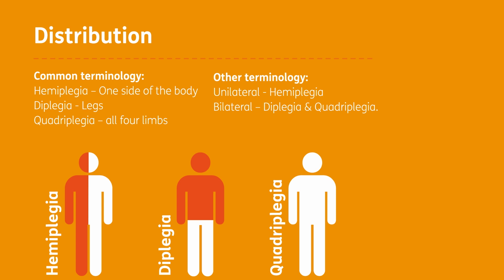However, their arms are still affected, so when doing more complicated tasks, the tone in their arms will go up. So you can't really say they're quadriplegic because they use their arms quite functionally and quite well, but they're not diplegic because it's not just their legs that are affected. So now what we would say is bilateral cerebral palsy with legs affected more than arms. It's a bit more of a mouthful, but it's easier to explain to people.